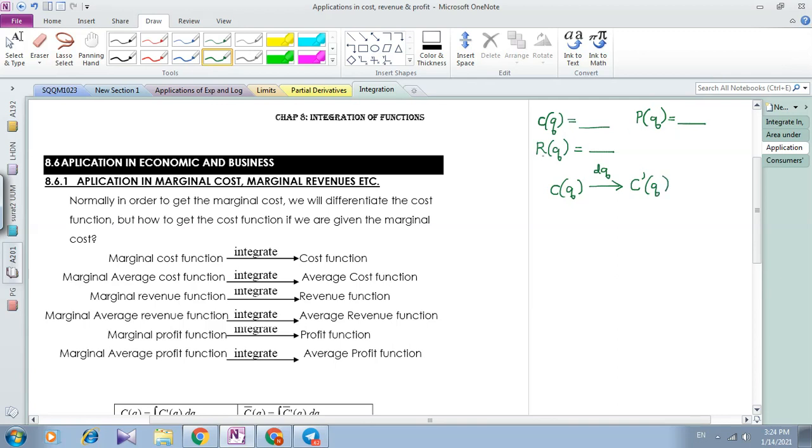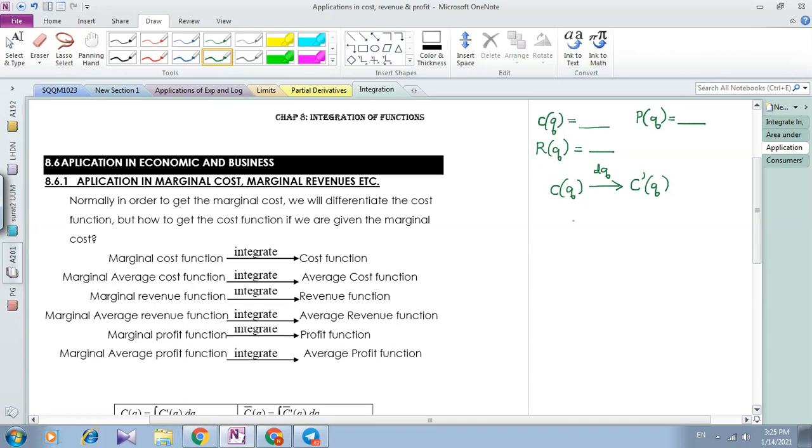If we differentiate revenue, we will get R prime, or marginal revenue. If we differentiate the profit function P(Q), we will get P prime, which denotes marginal profit. Whenever you differentiate a function, you will get C prime, R prime, or P prime. Whenever we have prime, that means it's marginal cost, marginal profit, or marginal revenue.